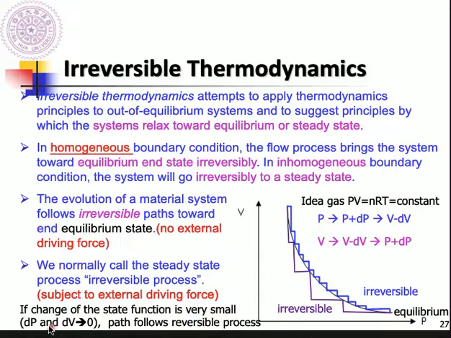That means dP and dV are very small, near zero. Then the path will follow the reversible process under thermodynamic equilibrium conditions.